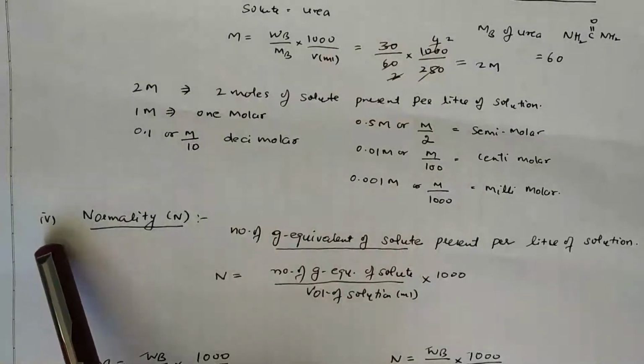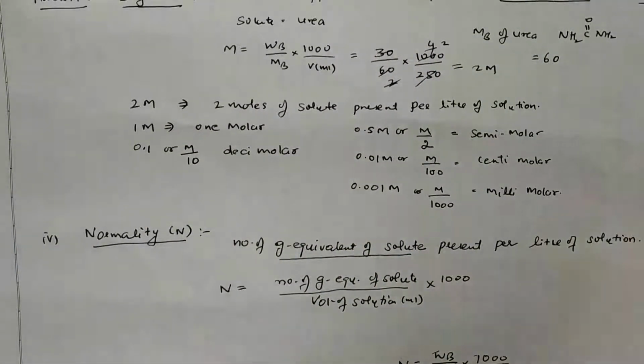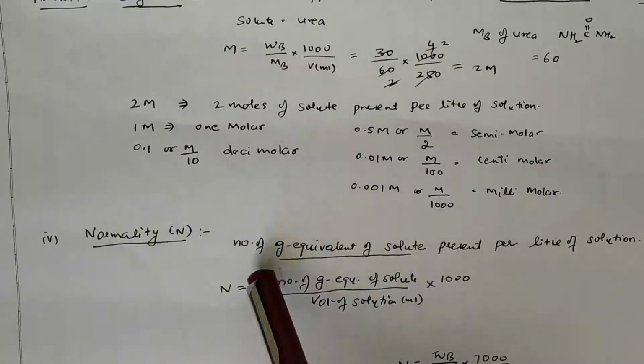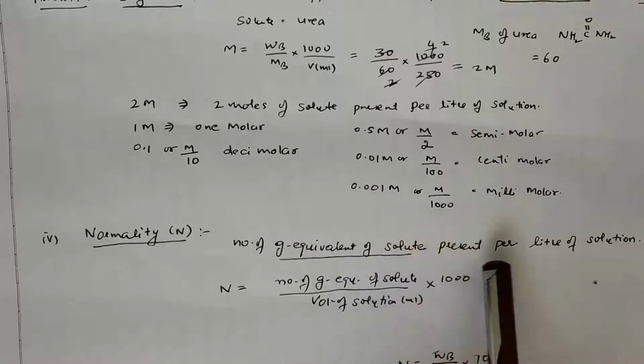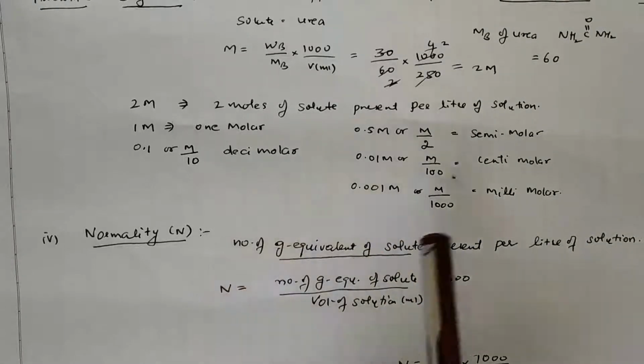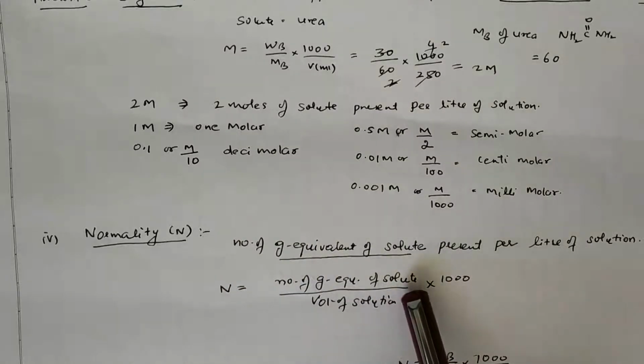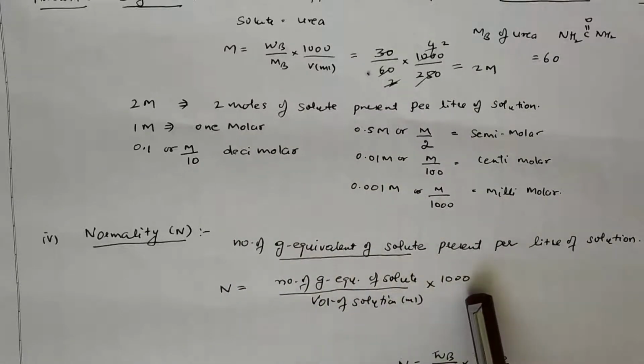Then come to the fourth term of group A, normality. It is the number of gram equivalents of solute. Instead of the number of moles as in molarity, we have the number of gram equivalents of solute present per liter of solution. So what is N? N is the number of gram equivalents of solute, divided by the volume of solution, into 1000. How to calculate the number of gram equivalents?